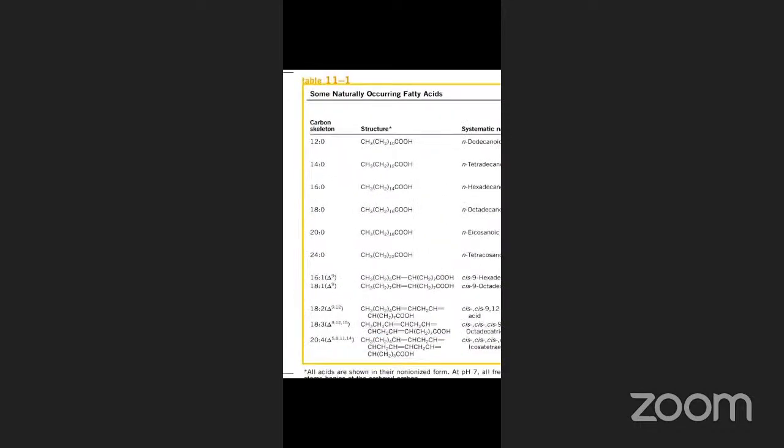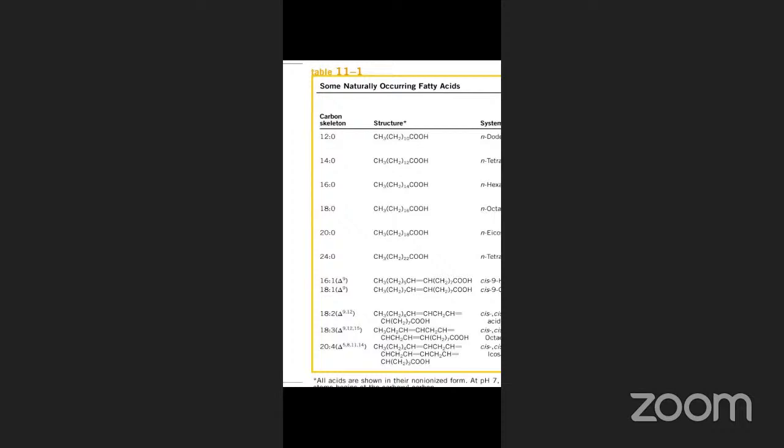Okay. So if you see here, 16:1, 18:1, like that. 16:1, delta 9 means that the fatty acid has 16 carbons with one double bond, and delta 9 means on the 9th carbon; between the 9th and 10th carbon, you have the double bond. So like that, the numbering will be given.